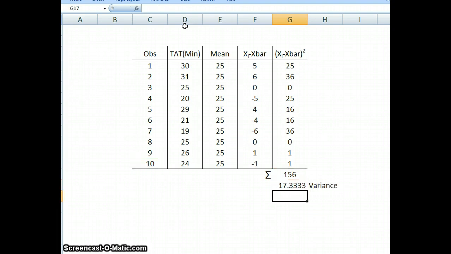Okay, so that gives us a variance. And the variance is 17.3. Well, 17.3 is a big number. So how could we make a better statistic than this?